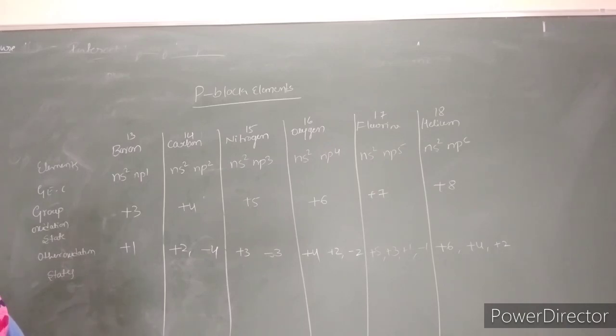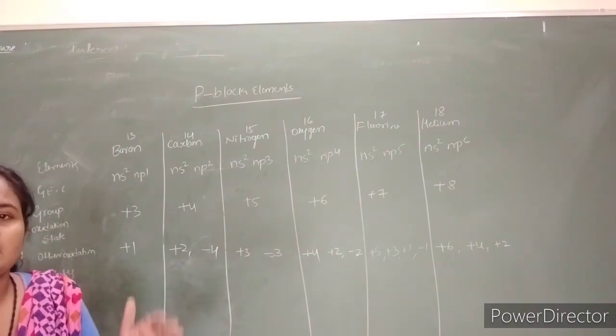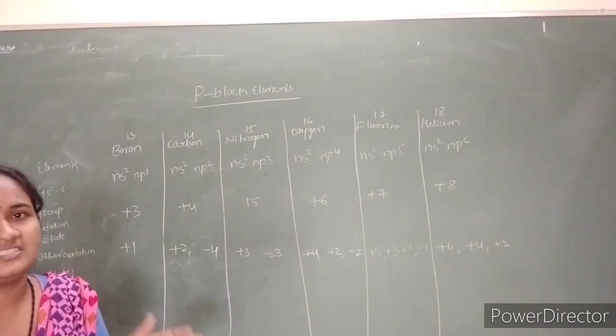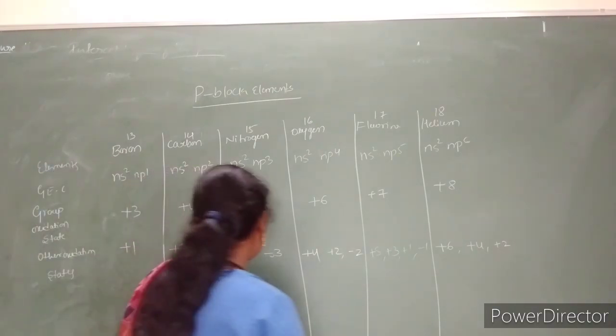The occurrence of oxidation states 2 units less than the group oxidation state is called the inert pair effect.